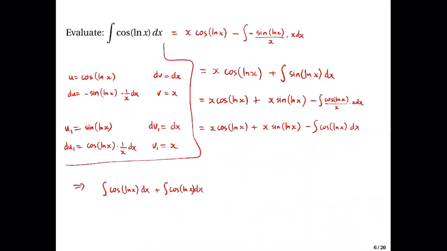The first integral of cosine ln of x dx came from the left-hand side already. The other integral of cosine of ln of x dx came from the minus on the right-hand side, brought to the left-hand side, where it becomes plus.